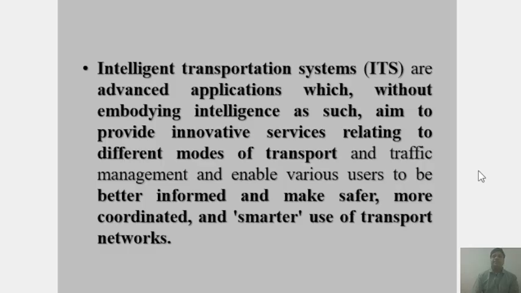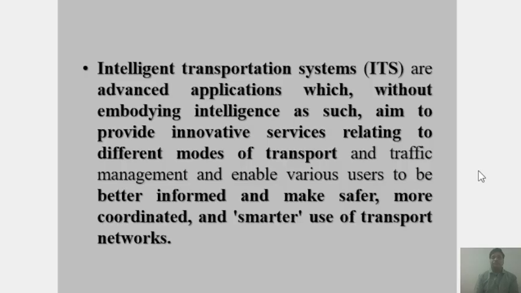Basically these ITS are advanced applications, with and without embodying intelligence, which aim to provide innovative services helpful for different modes of transport. Since India has heterogeneous traffic, where different types of traffic prevail on the road, we can see two-wheelers, three-wheelers, buses, cars, trucks, and everything sharing the same path of the road.